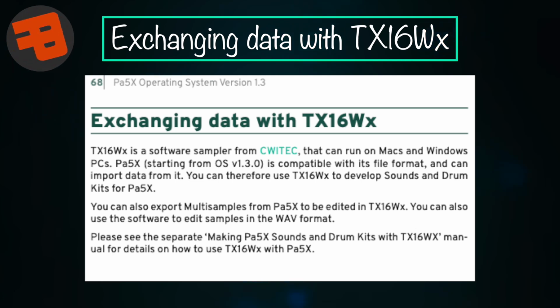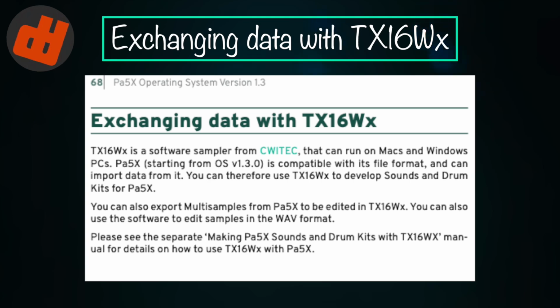You can therefore use TX16Wx to develop sounds and drum kits for Pa5X. You can also export multi-samples from Pa5X to be edited in TX16Wx. You can also use the software to edit samples in the WAV format.